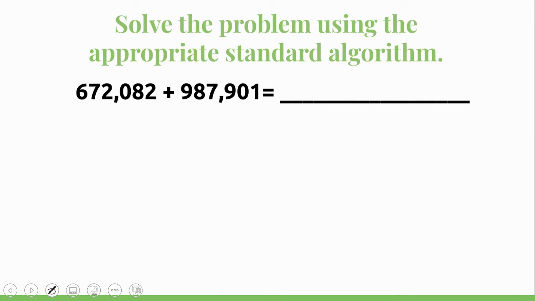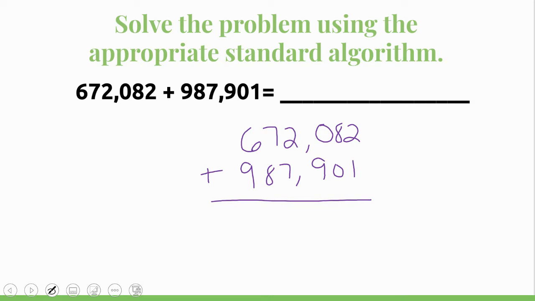Look at the next problem. You're going to solve this problem as well using the appropriate standard algorithm. Go ahead and get that again. So I have 672,082 plus 987,901. 2 plus 1 gives me 3. 8 plus 0 gives me 8. 0 plus 9 gives me 9. 2 plus 7 gives me 9. 7 plus 8 gives me 15.